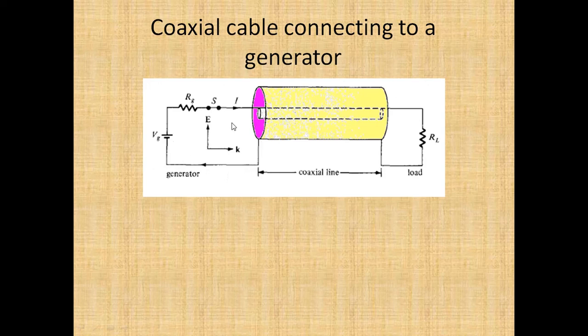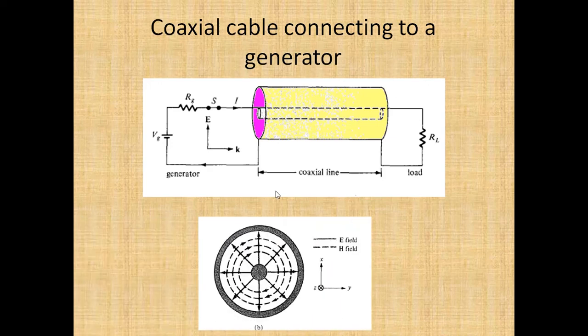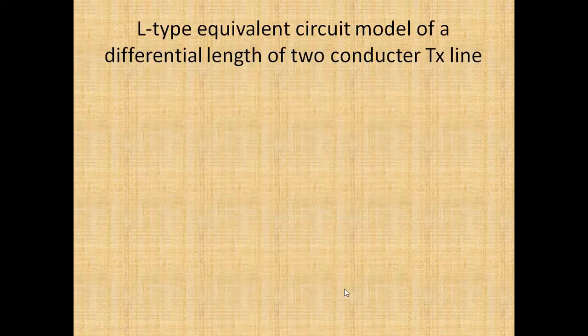Whenever the switch is pressed, power is transmitted in terms of E and H fields. The circle indicates the H field and this indicates the E field. So in terms of E and H fields, the wave is transmitted.